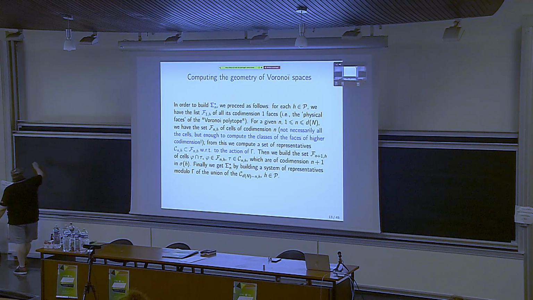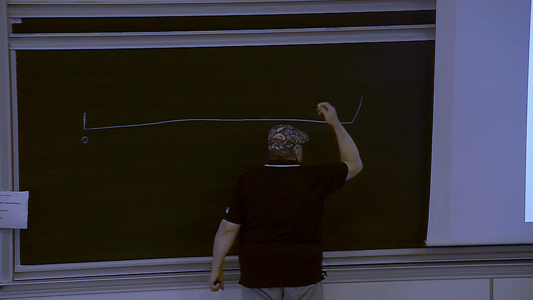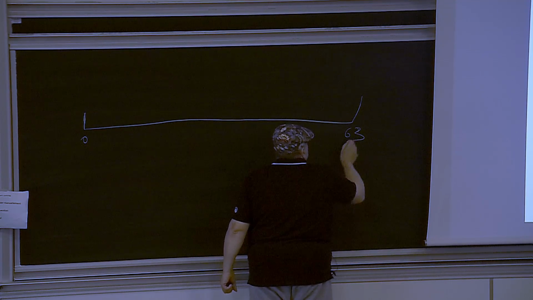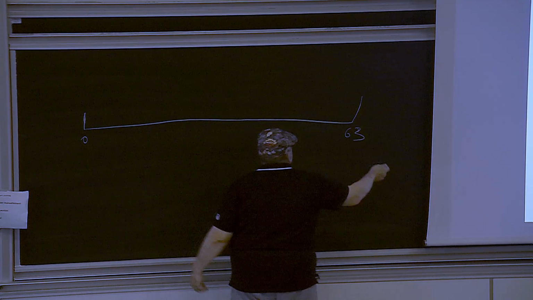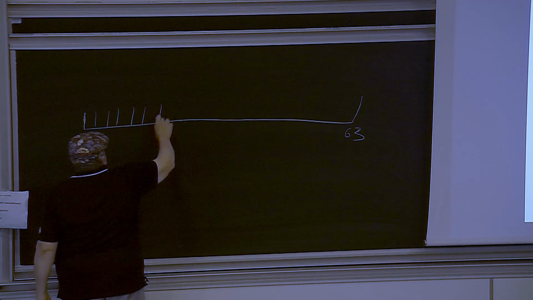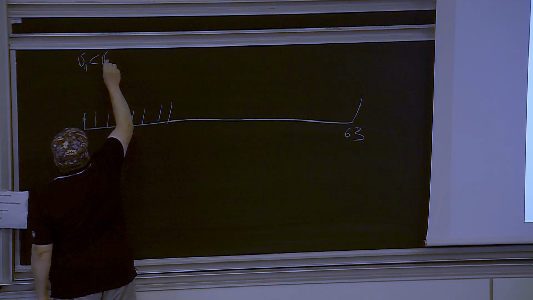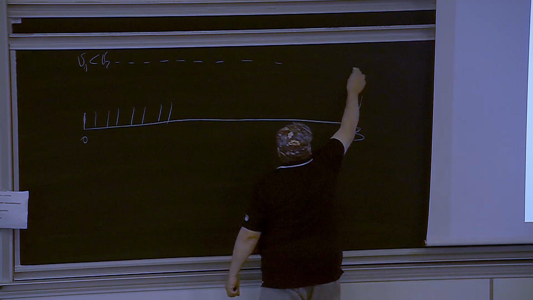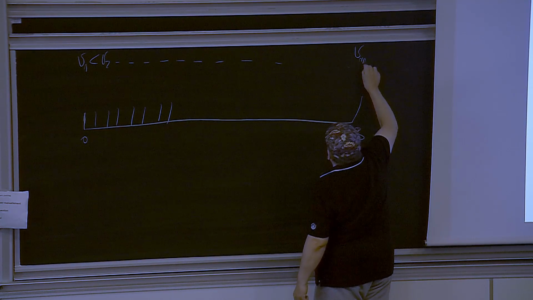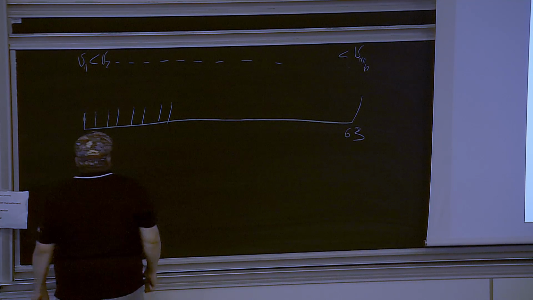Okay, so let's say you are encoding all the faces in a number with, let's say, 64 bits, from 0 to 63. Then you have V1, V2, up to Vm for a given perfect form.